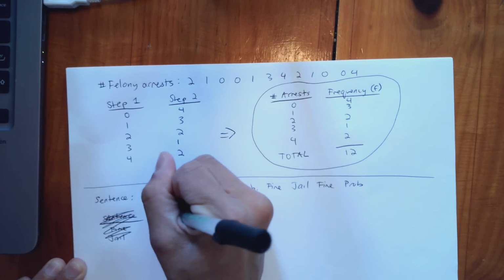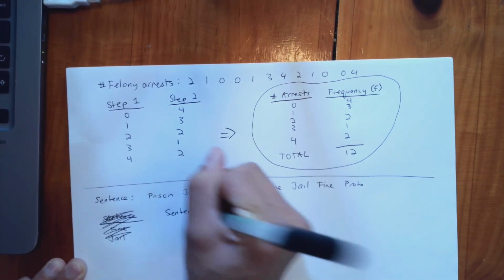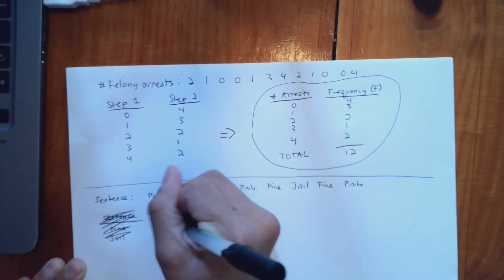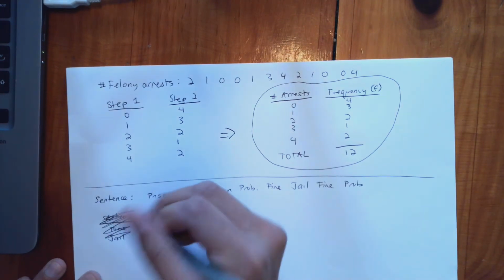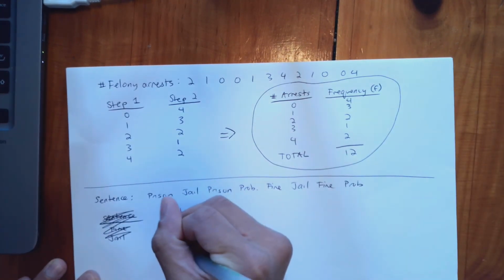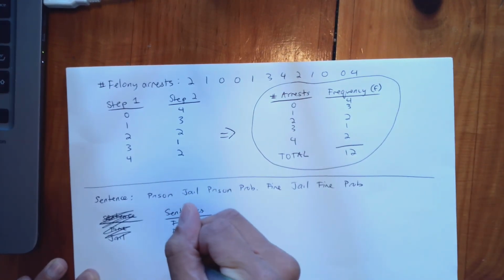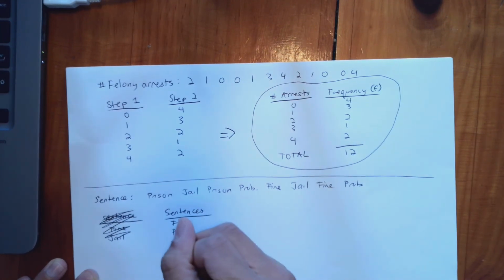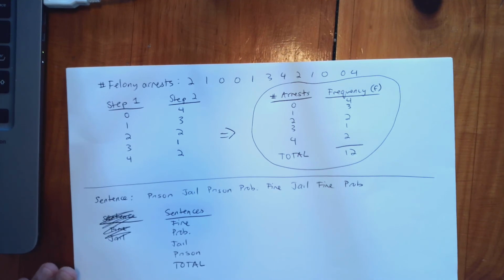The different sentences that we have are a fine, probation, jail, and prison. And I'll just put total down here since we'll be using that later. So that was step 1. We've listed out the different observations that we can see in our sample.